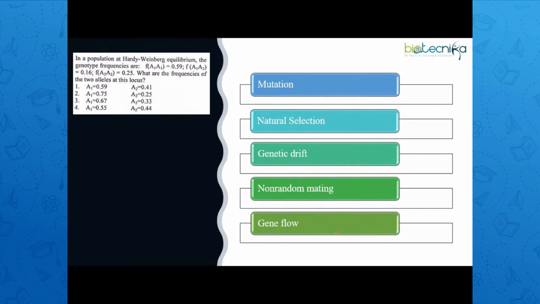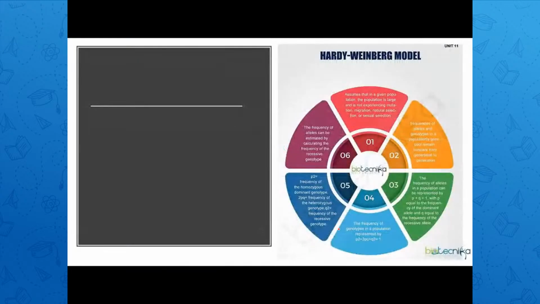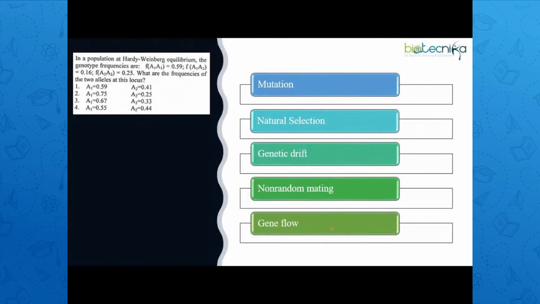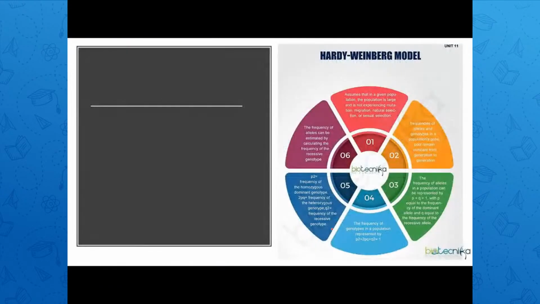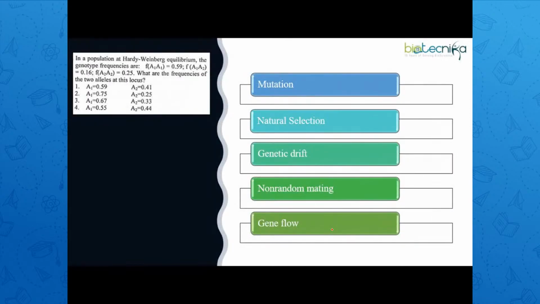Okay. Now, moving on to Hardy-Weinberg. Hardy-Weinberg stated that over time, your allele frequency and genotypic frequency will remain constant. It will not change when all these disturbing elements are not present.